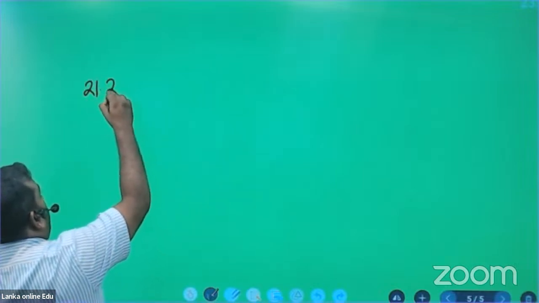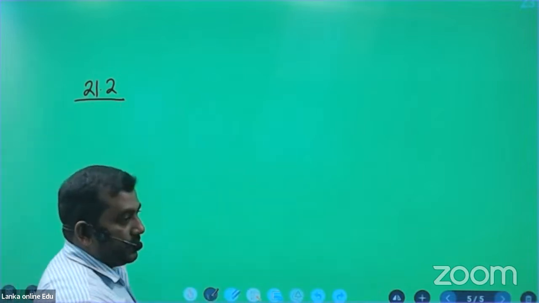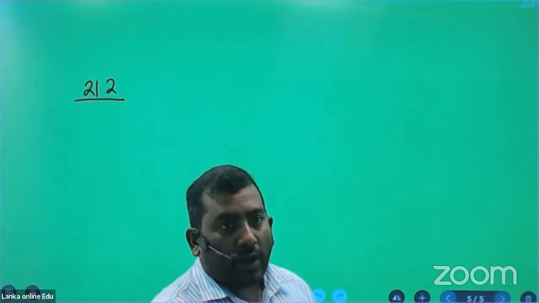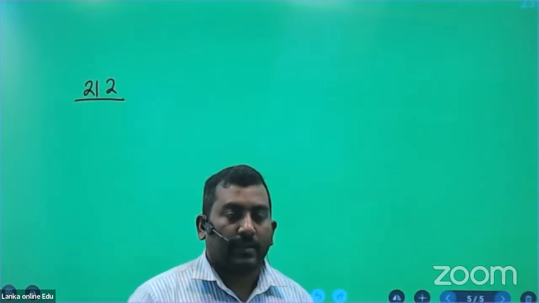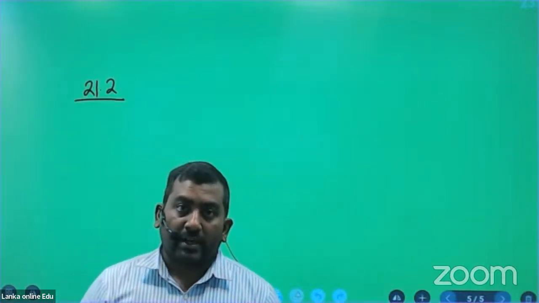Practical 21.2. Right. Finding the focal length of a concave lens.